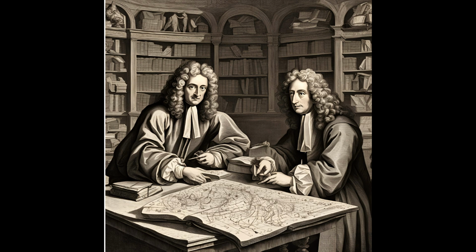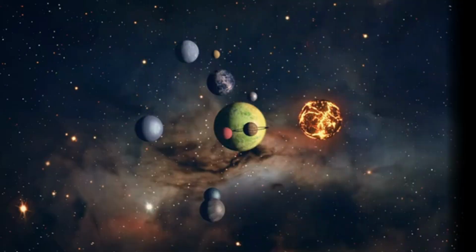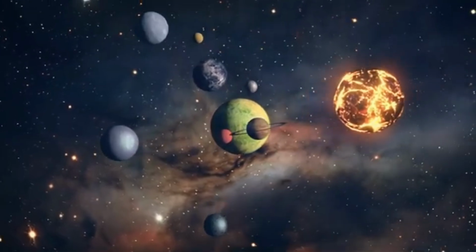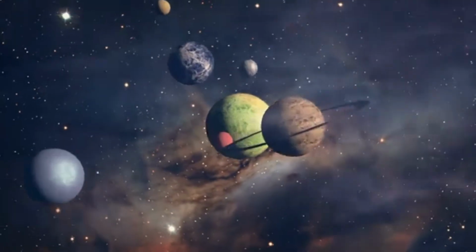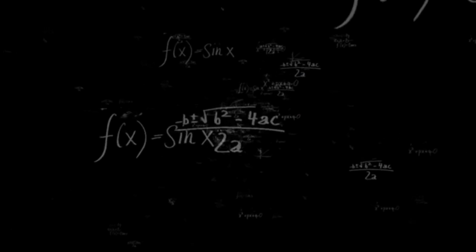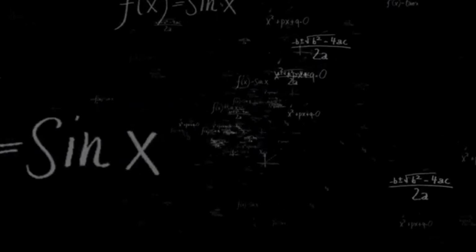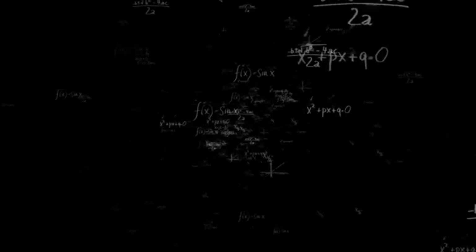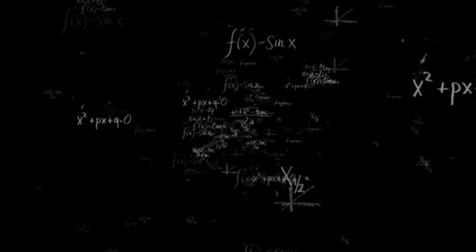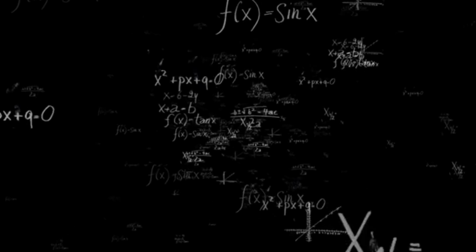This is what calculus was invented to solve. Newton wanted to understand motion, especially the movement of planets and objects under gravity. Leibniz, on the other hand, focused on finding the area under curves. Despite their arguments about who invented it first, they both changed the world forever with these discoveries.